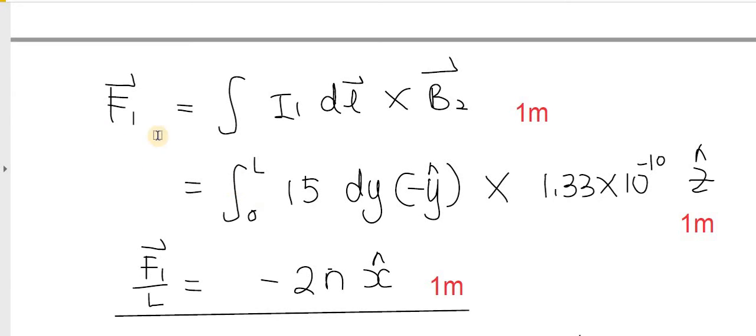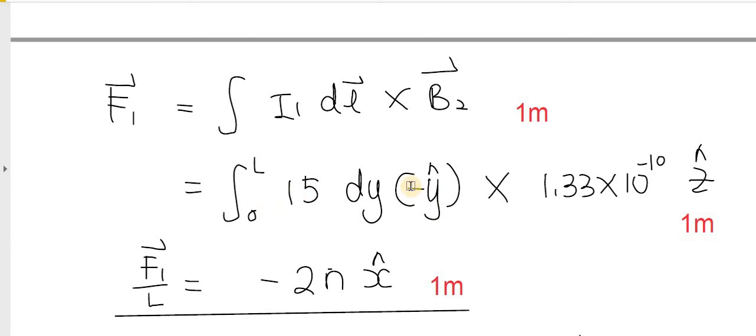Now we want to find the force experienced by I1. In this case, I1 is exposed to B2, right? Your I1 value is 15. Here I specify the length is from 0 up to L, and I specify the direction of my current as negative y.